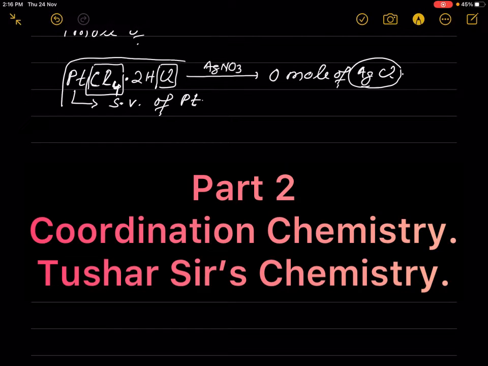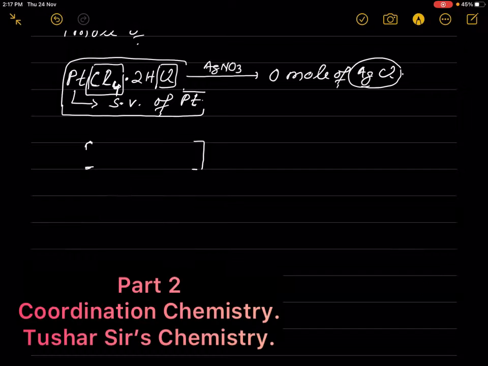Let me write this compound according to modern terminology. You see, this is the square bracket. Inside this square bracket, you will find Pt, and there are 4 chlorine atoms over here and 2 chlorine atoms over here. So total 6 chlorine atoms.